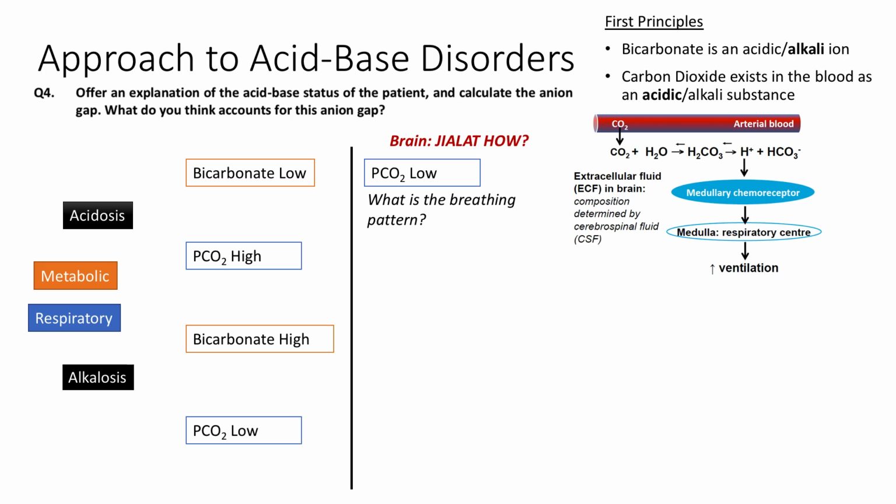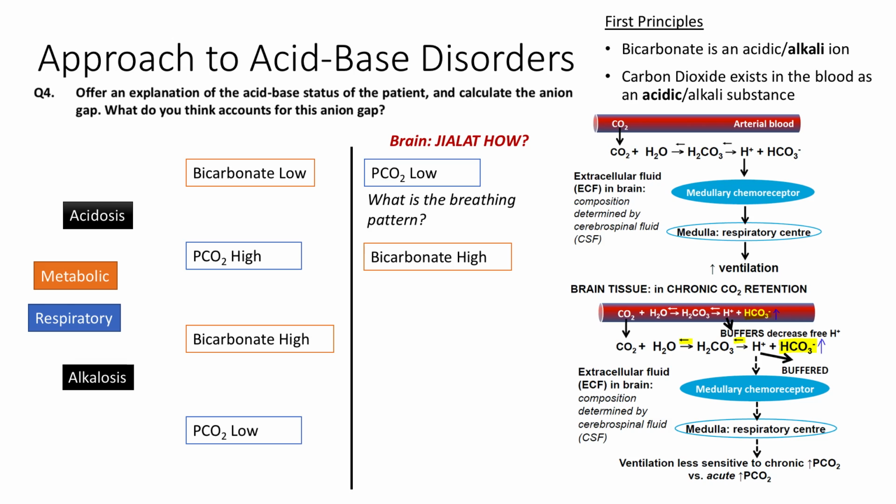This one is from your respi physio, should be familiar to you. Conversely, if PCO2 is high, I'll compensate by reabsorbing more bicarbonate in the kidneys to buffer the free hydrogen, and that'll be metabolic compensation for respiratory acidosis.